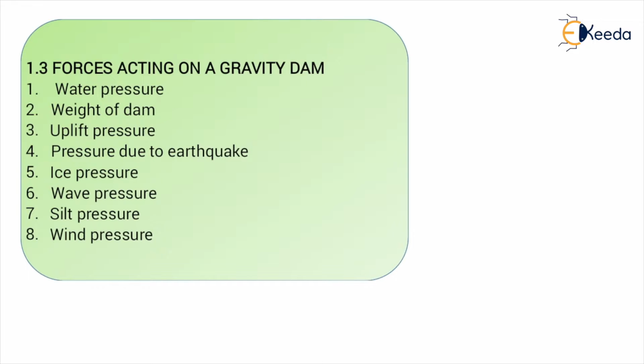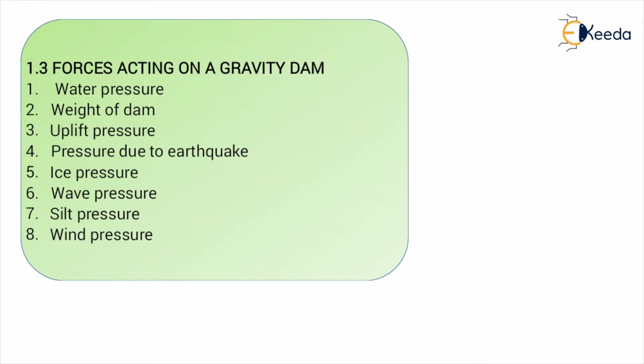From this outlet structure, some small part of the water is discharged and stably collected on the downstream side. This part also exerts a force on the dam on the downstream side. This water and its pressure we have to calculate.